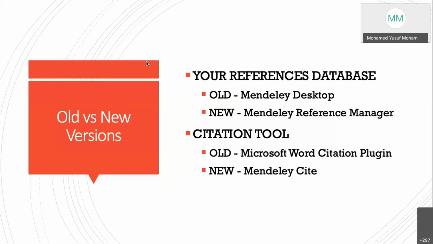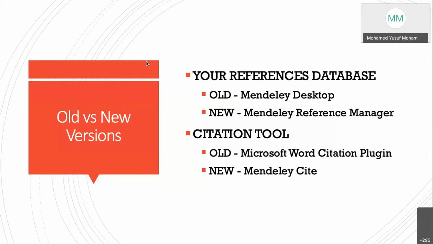Maybe some of you are now using Mendeley Desktop, but the one that I will be sharing with you today is Mendeley Reference Manager, the latest one. For the citation tool, Mendeley is the place where you put all your references, and the citation tool is the one that you will use in your Microsoft Word.